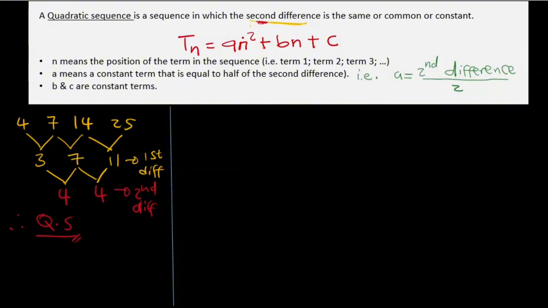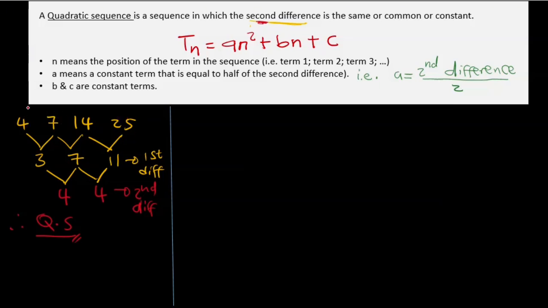This is the general nth term equation, right? And I'm going to try to explain what each letter or variable means. So let's talk about what n means in this equation. So n means the position of the term. This is term 1, 2, 3, 4.